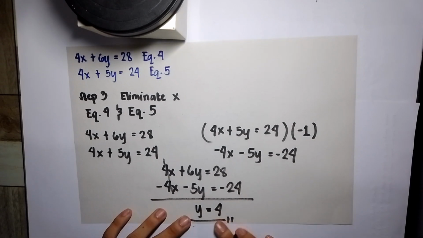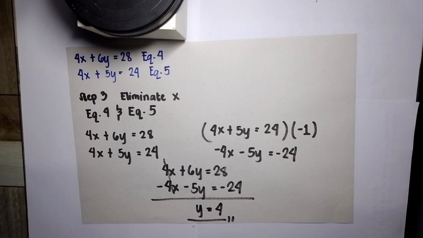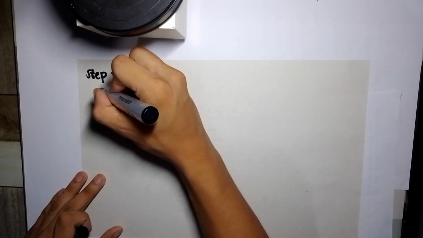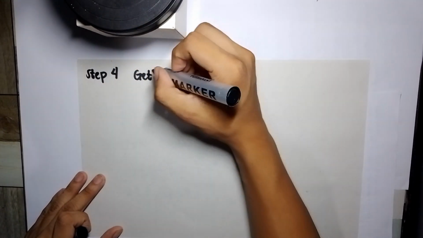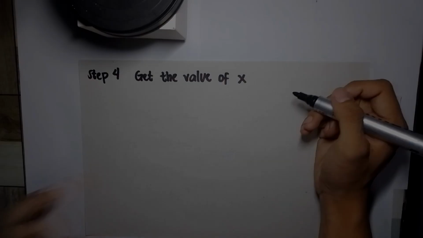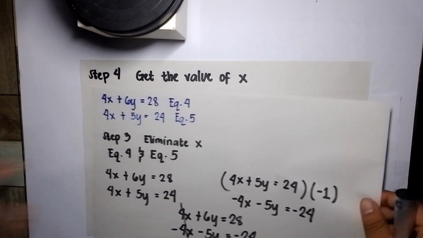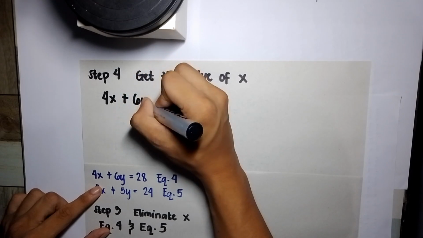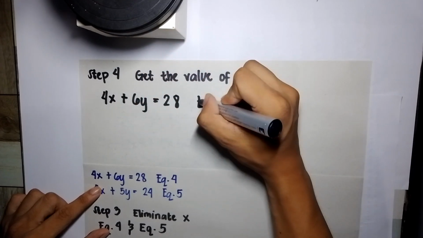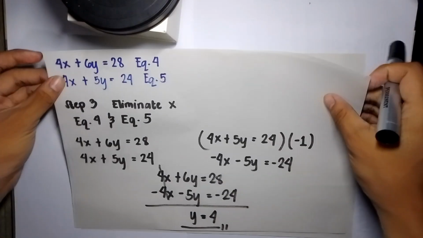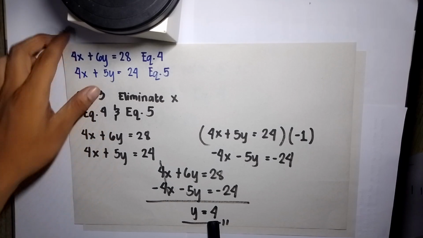In the process of eliminating x, we now have a value of y, which is 4. Step 4. Since we have now a value of y, we are going to find the value of x. To get the value of x, we are going to use equation 4. Substitute the value of y, which is 4, in equation 4.